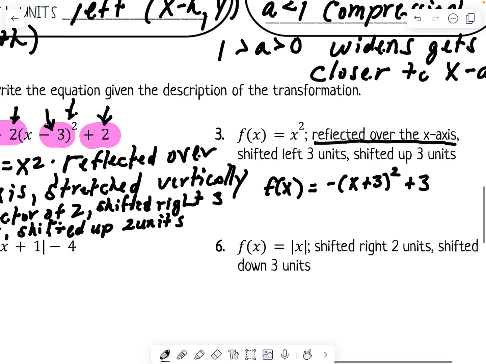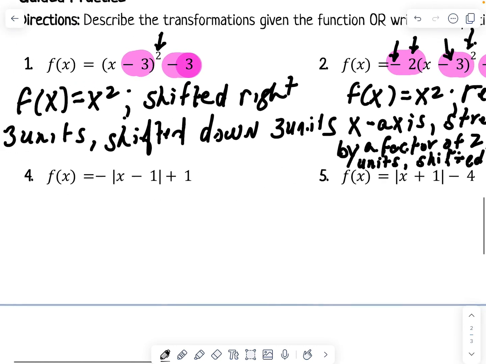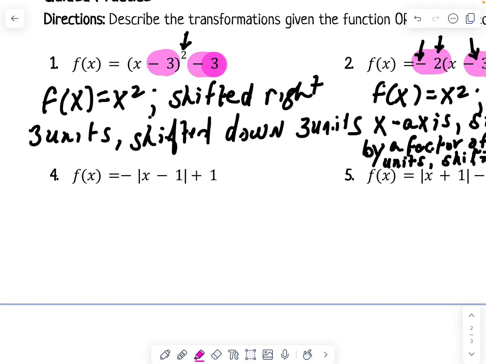All right. Let's do some absolute values. All right, great. So I know I see a change here, I see a change here, and I see a change here. Okay, great. So start with your parent function. So f of x equals the absolute value of x, right? Now let's start some changes. Let's start with A. So first of all, I know it's reflected over the x-axis.